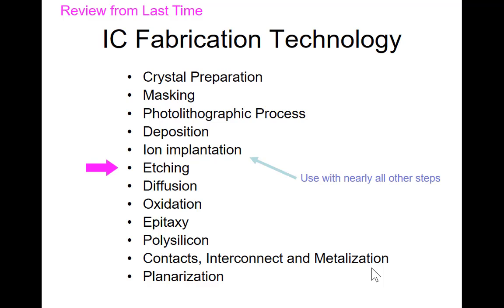One of the steps is at the wrong location. This should be pointed to the photolithography. Photolithography is a step that we need to repeat again and again. In every one of these other steps, we need to use photolithography, so it's combined with all the others.